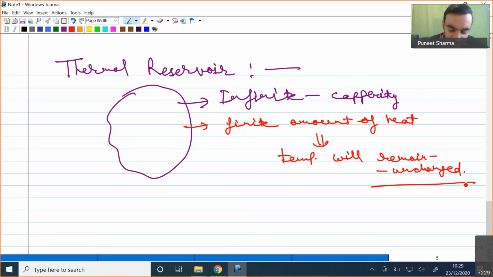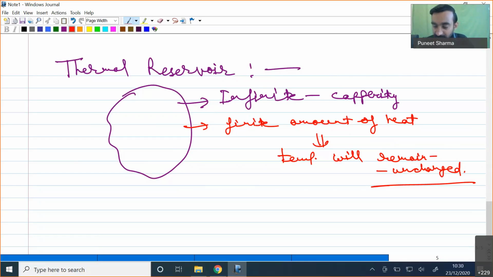For example, if you talk about the ambient, many times we add a certain amount of heat to the ambient or take out a certain amount of heat from it. But as a whole, the temperature of the ambient is not affected by whatever finite amount of heat interaction we have with our thermal reservoir. So that is a system of infinite heat capacity.